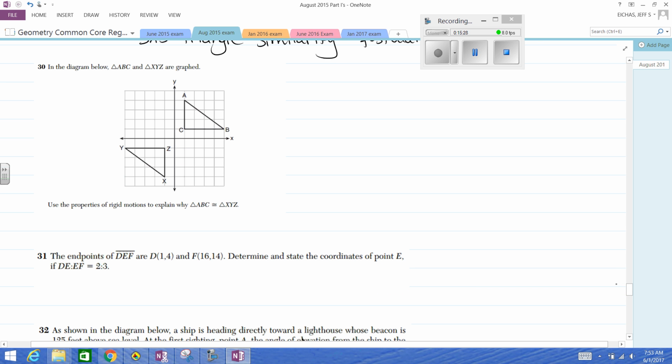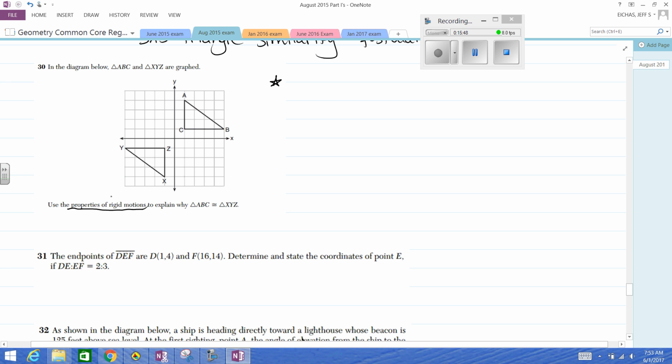All right, so number 30 here. Properties of rigid motions. Okay, basically what you're looking at is if you can map one figure to another using rigid motion transformations, that's essentially what they're looking at right there.